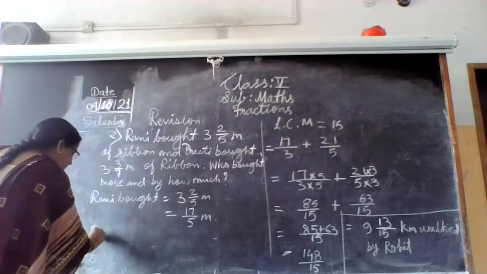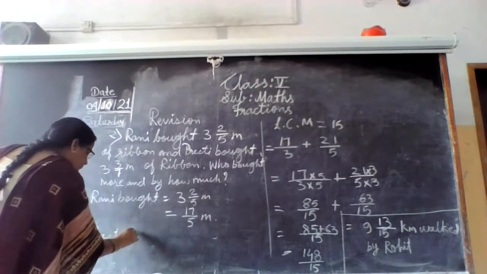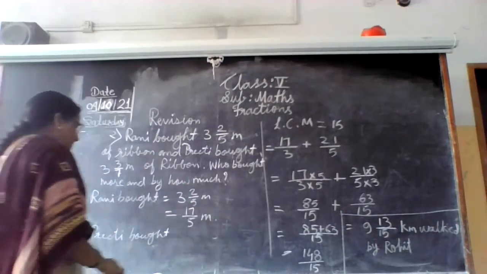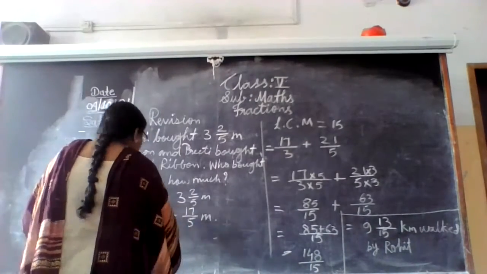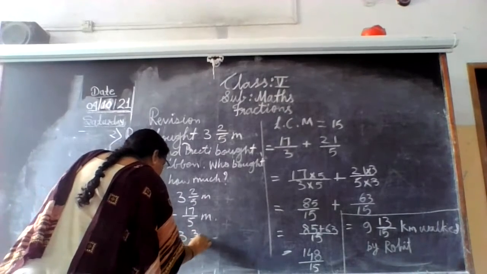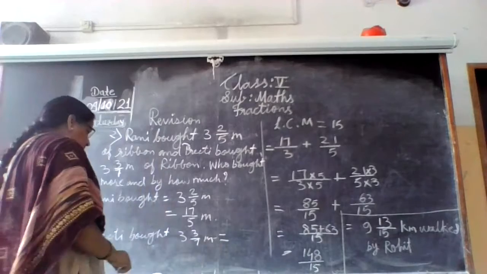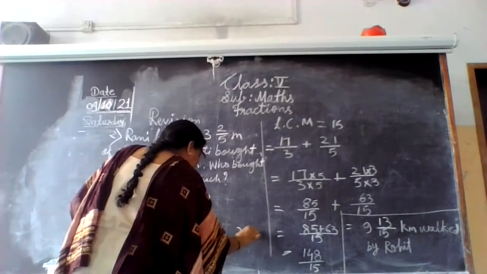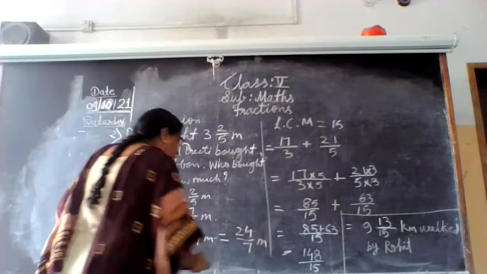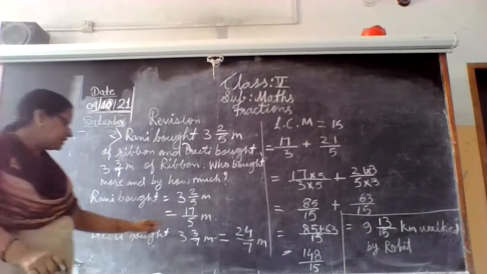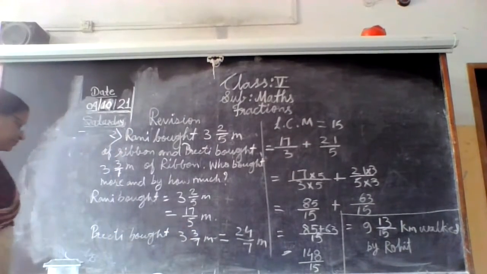Preeti got 3 integer 3 upon 7 meter. Equals to what? 7 threes are 21, plus 3, so Preeti got 24 upon 7 meter. Now see that it is 5 and it is 7.